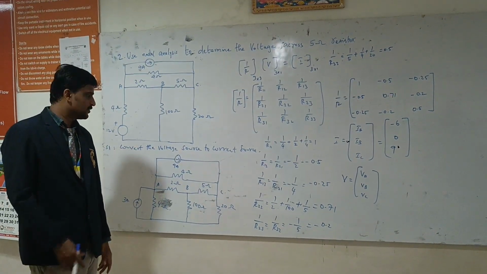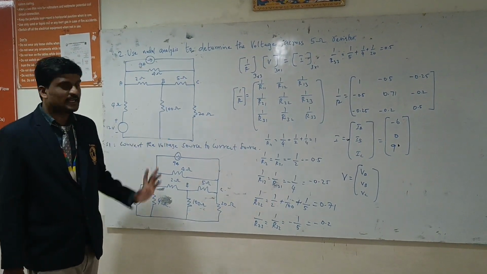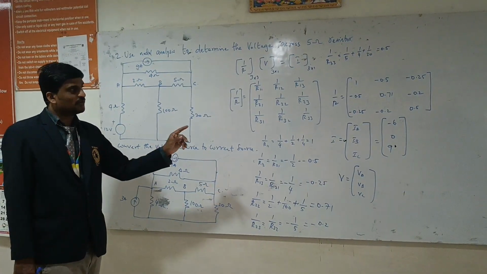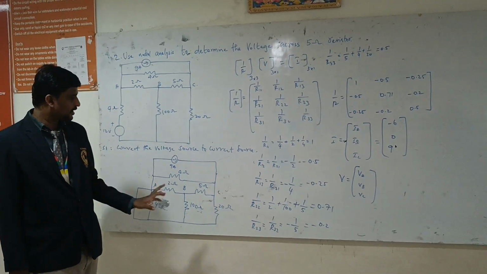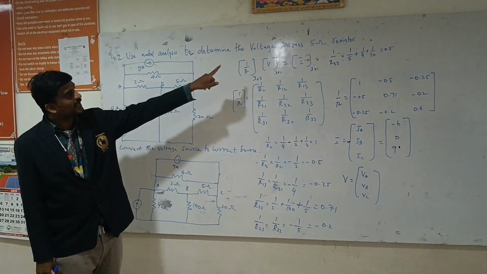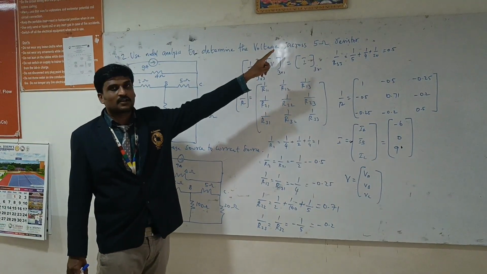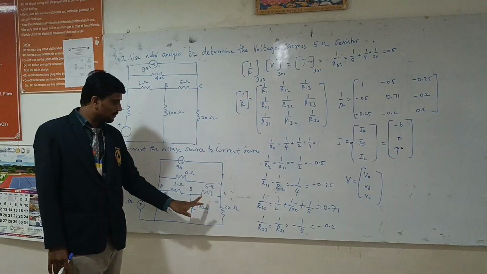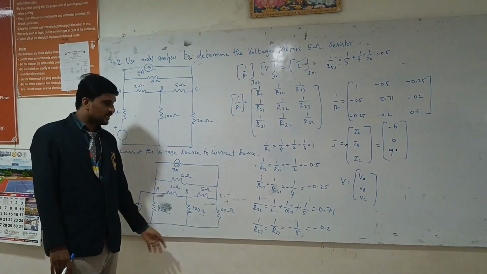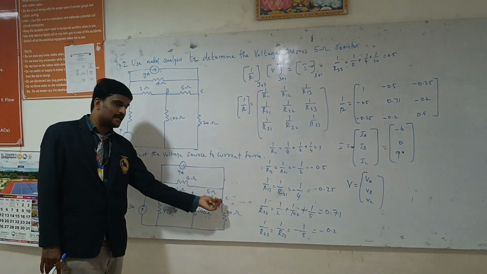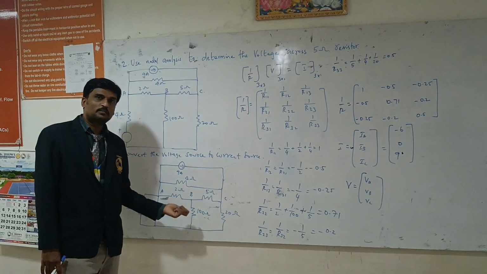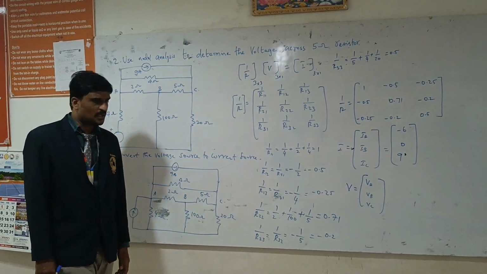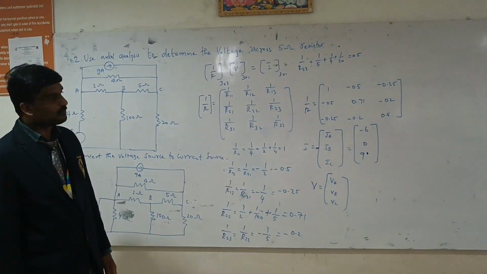We can find del, del 2 and del 3, because we have been asked only to find the voltage across the 5 ohm resistance. This 5 ohm resistor is connected between point B and C. So we find del 2 and del 3, and when we subtract we will get the voltage across the 5 ohm resistor.